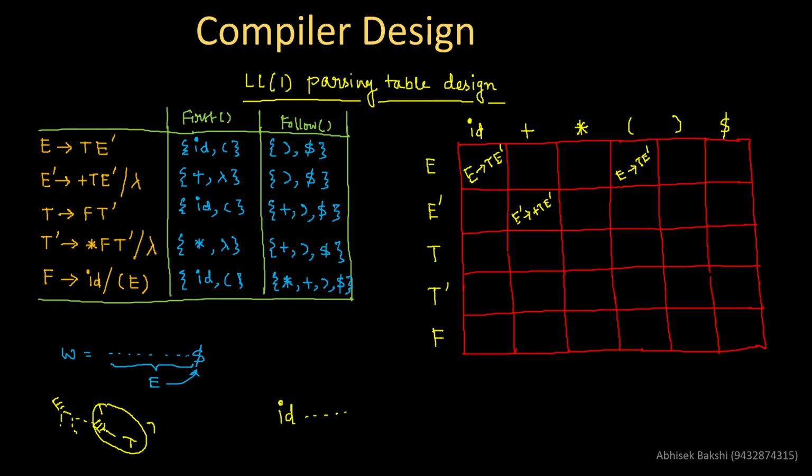After this, then only I can try to use this, so that E dash is following this, E dash is followed by this closing brace. That's why this E dash to dollar will be used somewhere here as well as here.